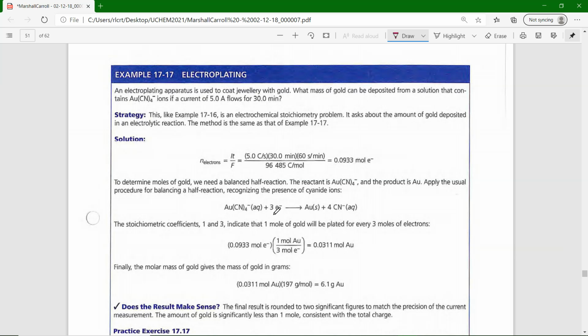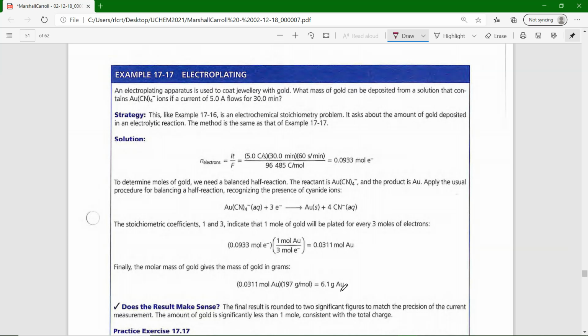Then I have this equation. I'm running electricity through this gold cyanide ion to get gold. So I need 3 moles of electrons to give me 1 mole of gold. Well, I got 0.0933, so a third of that is how many moles of gold are plated, and the mass is multiplied by the molar mass.